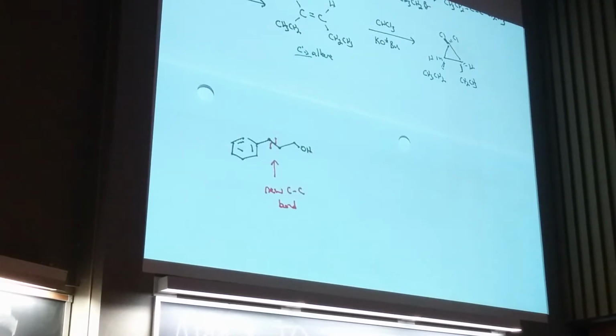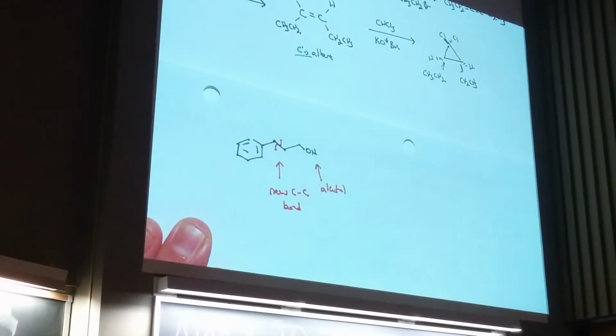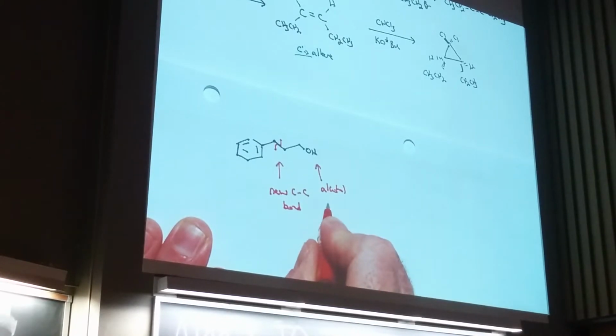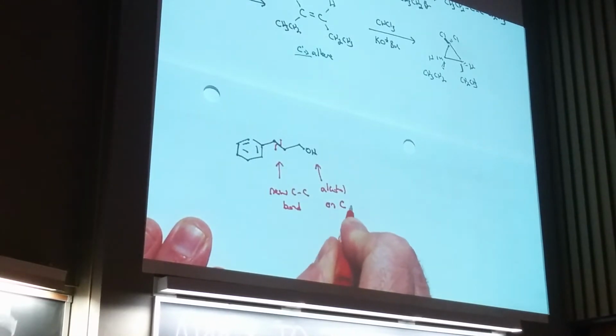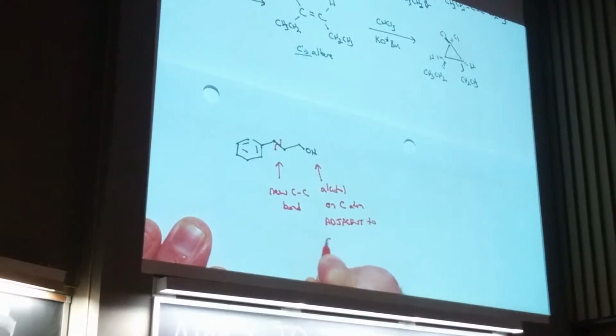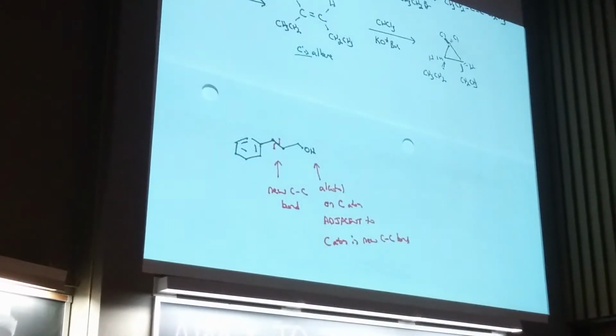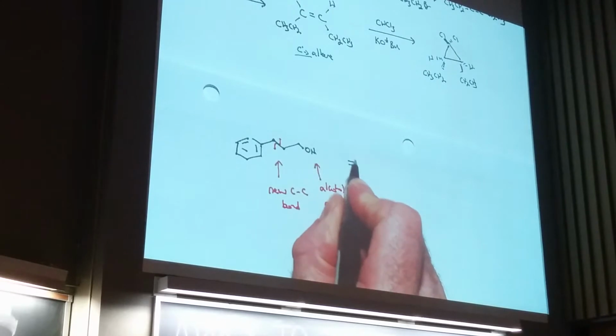When you get an alcohol on the carbon adjacent to the carbon atom in the new carbon-carbon bond, that screams epoxide ring opening.